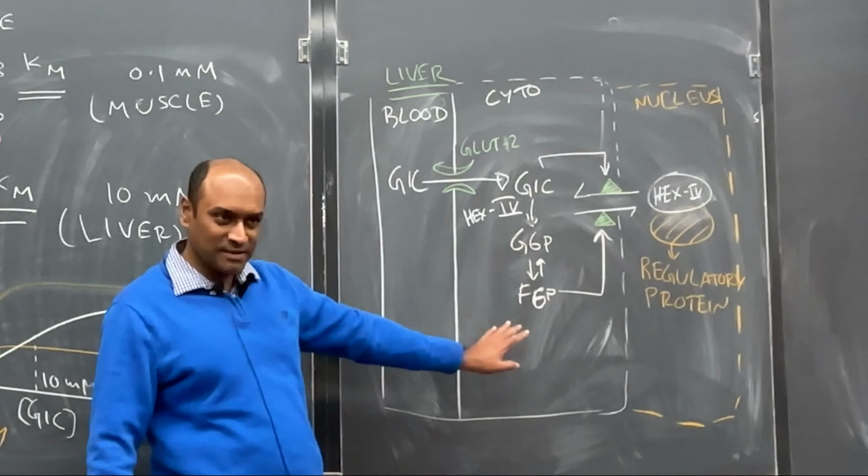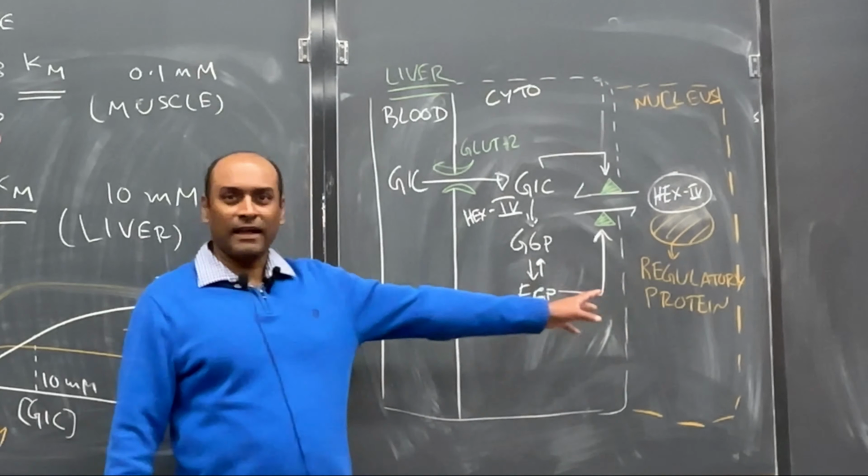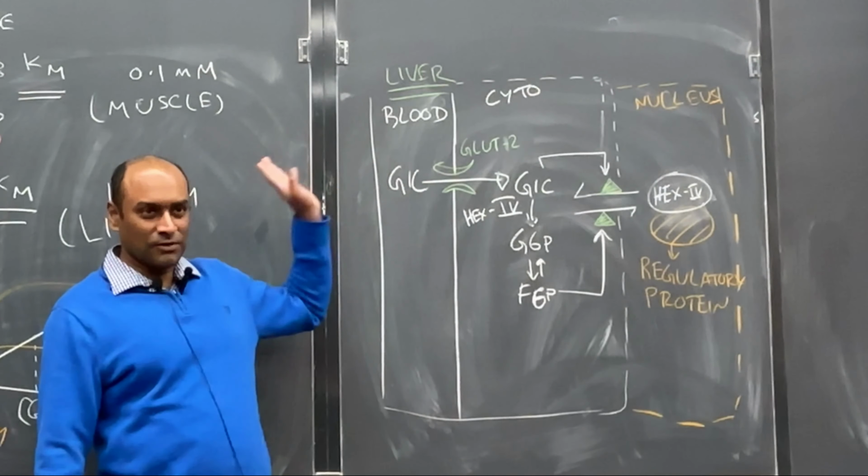So what F6P will do is that it will inhibit the activity of the enzyme, and it will promote its translocation back into the nucleus so that it is not present to make G6P. If you have generated enough F6P, that means the liver's need for glucose uptake has been met, right? Then isolate hexokinase and transport glucose into the muscle.